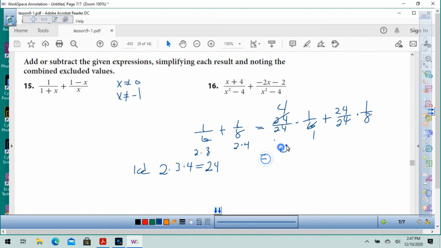So that's going to be 4 over 24. And let's see, that was 1, and that is 3. 3 times 1 is 3. And, well, let's see here, 24 times is 24. So my answer would be 7 over 24.